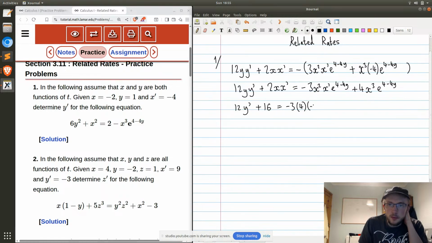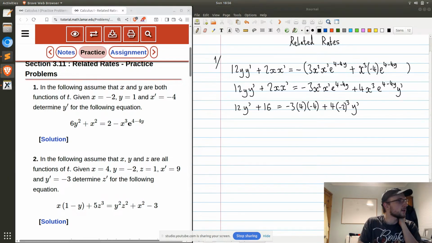That becomes minus 4. Oh, and there should be a y prime there. See? Just every time, every single time I drop something. It's very, very frustrating, but must continue.